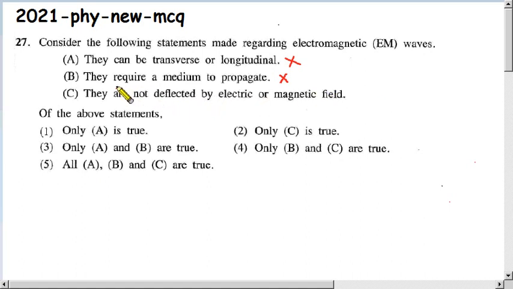So to propagate, no need for a medium. Next, they are not deflected by electric or magnetic fields. That is correct, because they have no charge. Only charged particles are deflected by electric or magnetic fields. So of the above statements, only C is true. The answer is the second one for this question.